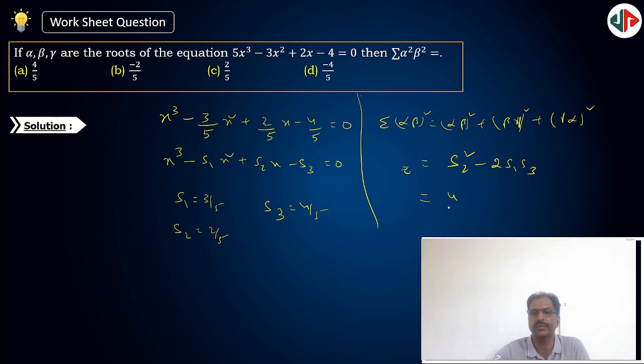S2 square is 4 by 25, minus 2 into 3 by 5 into 4 by 5. So if you simplify this, what do you get? 4 by 25 minus 24 by 25, which is minus 4 by 5. Option D.